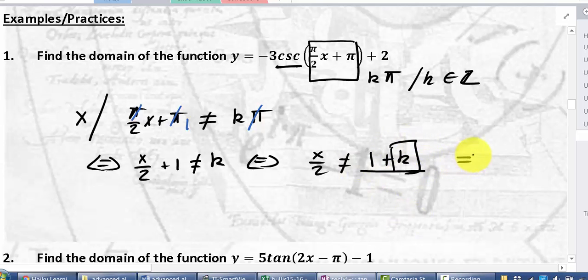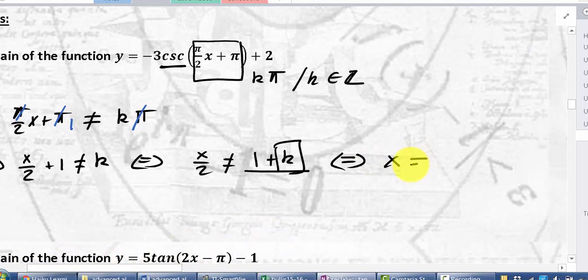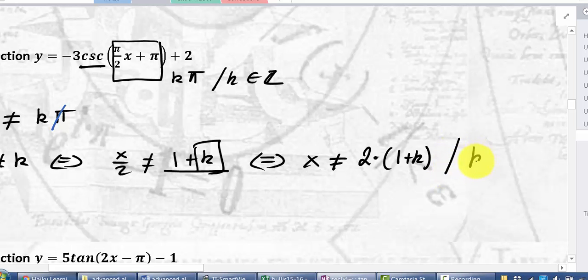So, what do we have? We have x different than 2 times, here, I'll write 1 plus k if you want to, but we are going to simplify that. 2 times k plus 1 with k in Z. So, what are you describing here with this notation? Well, you're just describing an even number.